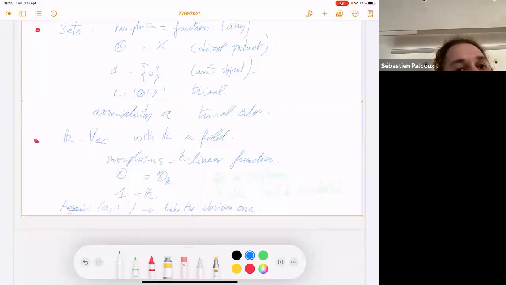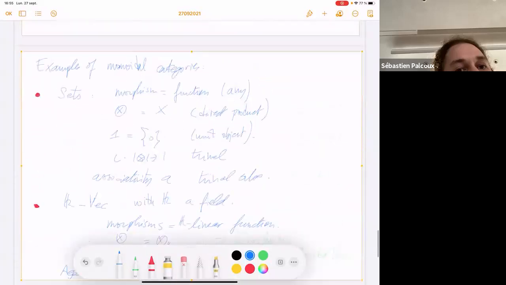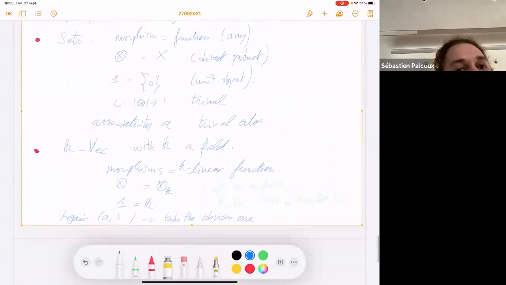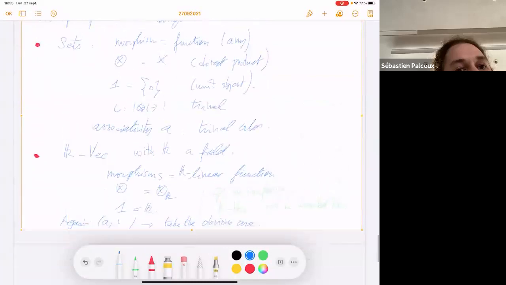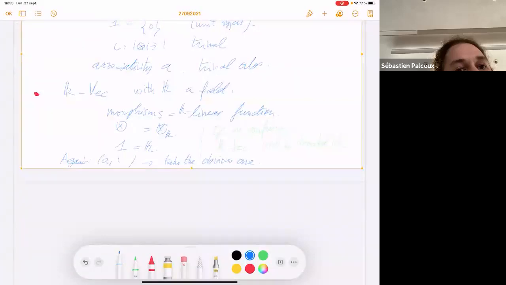So it's a monoidal category. Tomorrow I will provide an example where A, at least, is non-trivial, and we will explain in more detail what A and iota are. But I don't want to go into details for something which is too obvious.